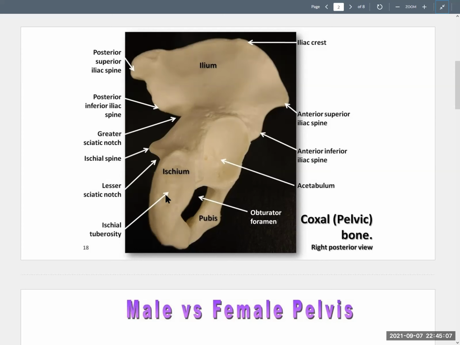And if you've sat on bleachers, same thing. This is the ischial tuberosity. Come around underneath this hole, and this lowermost part and anteriormost part is the pubic bone.